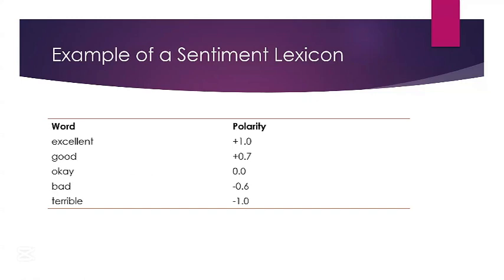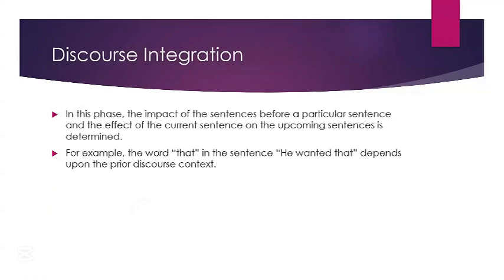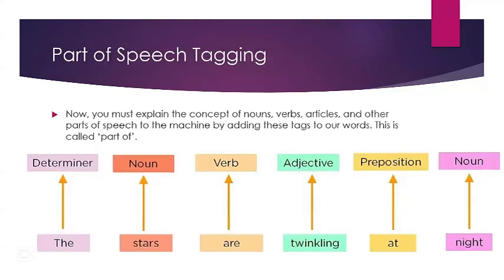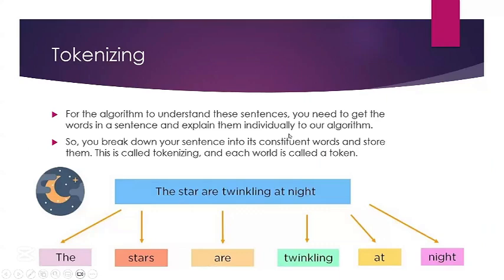We call that tokenizing. Then we allocate the given polarity numbers to each of the words, and then I calculate. Based on that, I say whether the sentence is positive or negative.